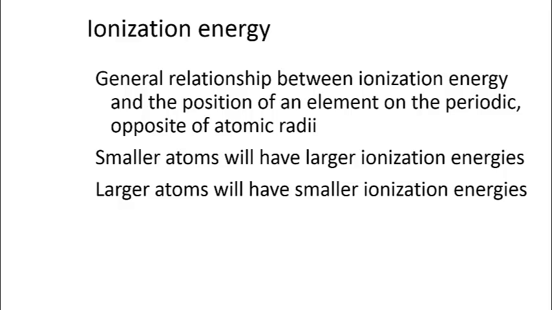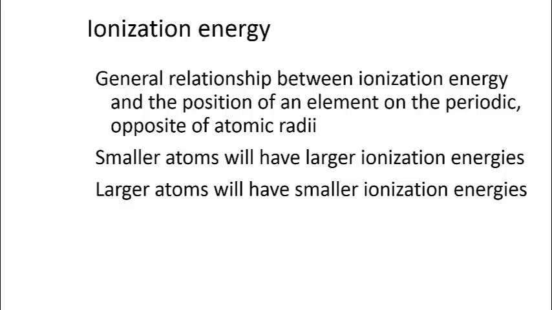Now, the greater the distance the electrons have from the positively charged protons, the weaker the attractive force between the nucleus and the outer shell electrons will be. This weaker attraction between the outer shell electrons and the nucleus means that it will require less energy to overcome the attractive positive force.